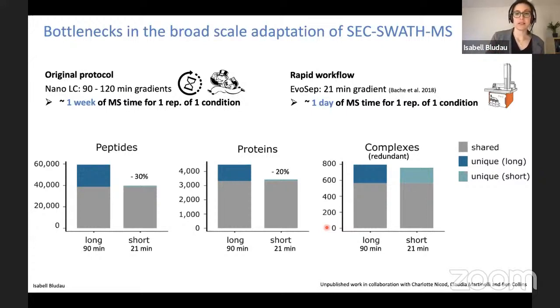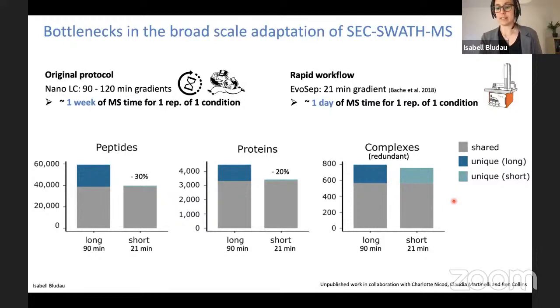And what you can see in the bottom graphs here is that this shortening of the gradient to 21 minutes results in a decrease in peptide IDs of 30%, and on the protein level, this amounts to 20%. But if we look at protein complexes that can be detected, you actually don't lose a lot of information by reducing the chromatographic gradient. And this makes the entire approach much more feasible for larger studies.